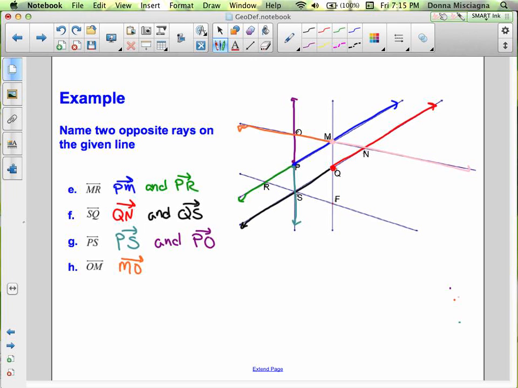I think you can see the ray, but I don't think you can see the writing. It's ray MN. Same endpoint, they start at point M. They go in opposite directions. Together they form line OM, and they do not overlap.